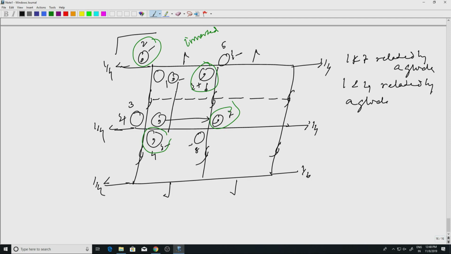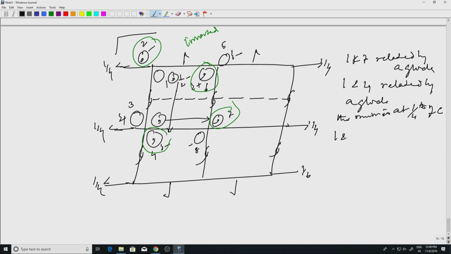But the mirror is at 1/4 of C. So this becomes minus, it comes here.